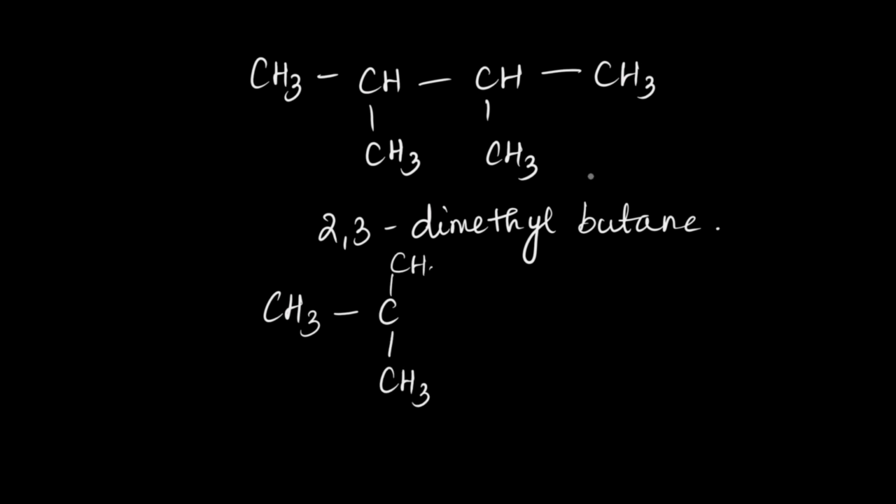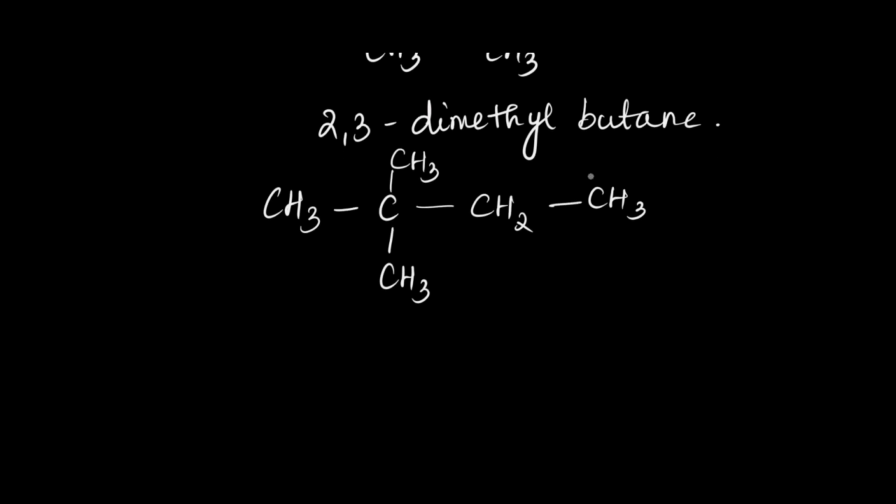CH3 on the same carbon. So total 4 and then CH2, CH3. What is the name of this? Which is 2,2-dimethyl. 4 carbons in the parent chain. So which makes it once again butane. Okay. So these are the isomers of the molecular formula C6H14.